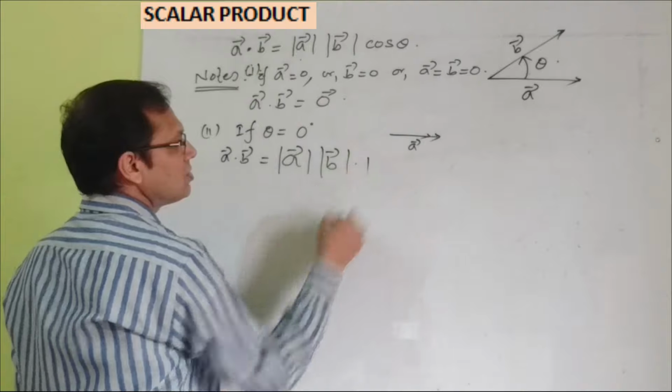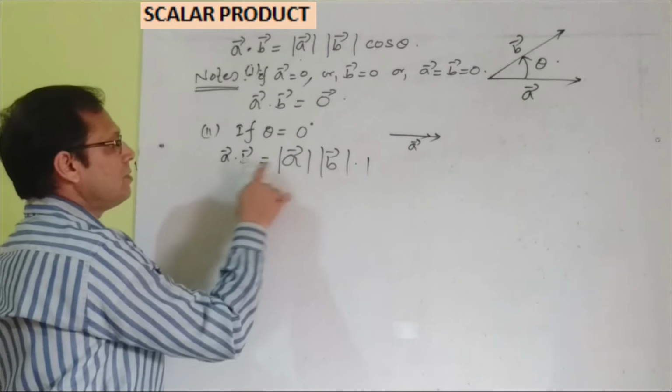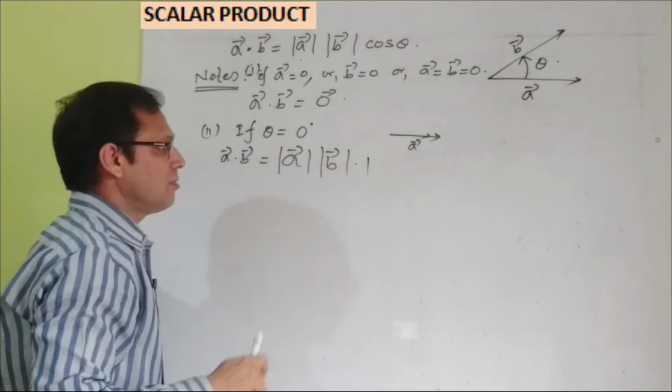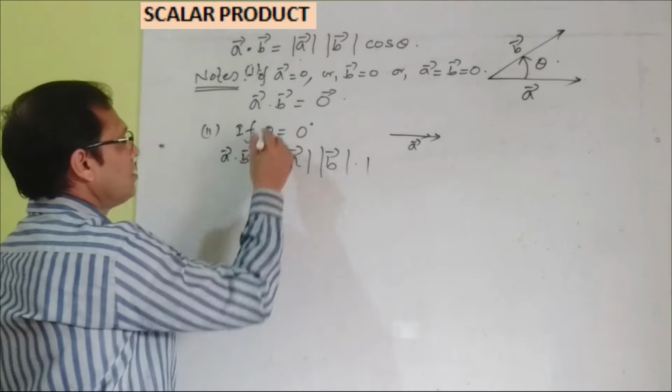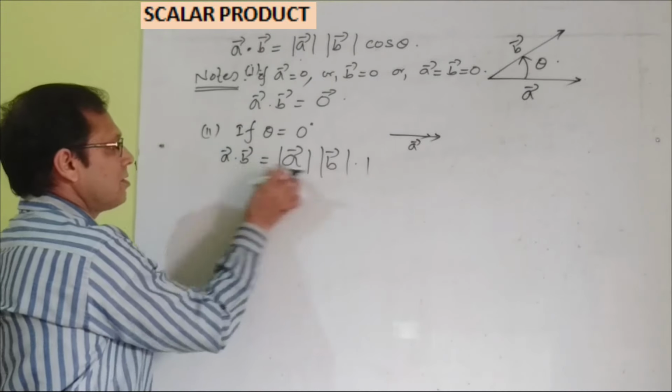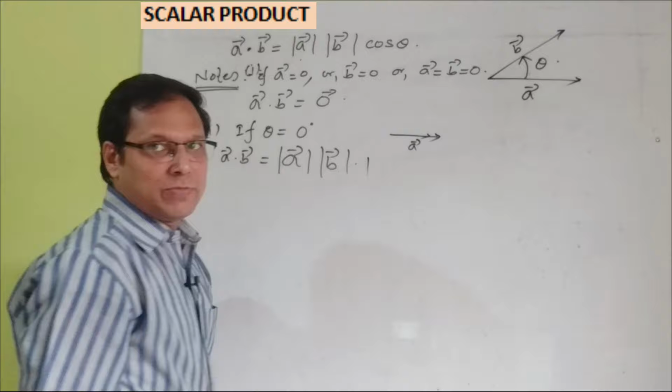Cos 0 is equal to 1, so a dot b is equal to a vector magnitude into b vector magnitude.